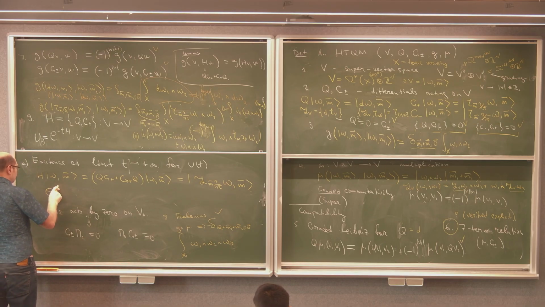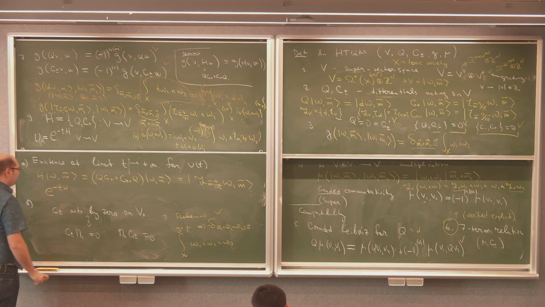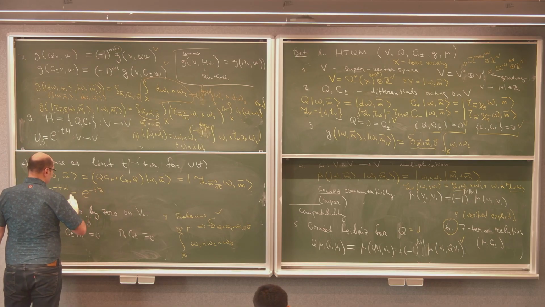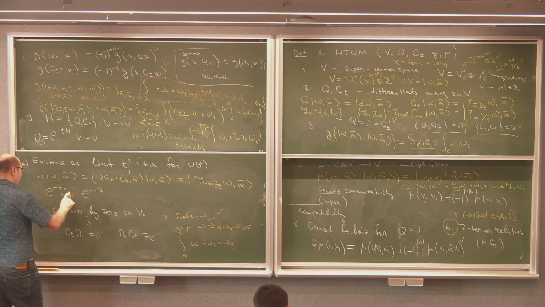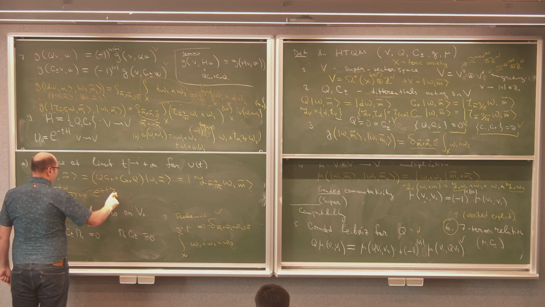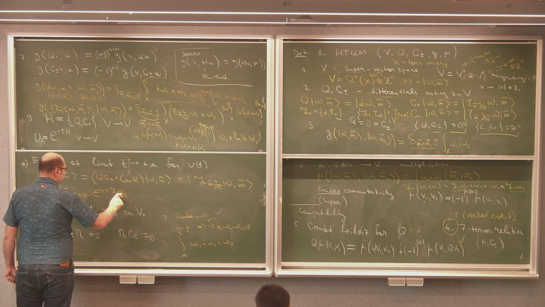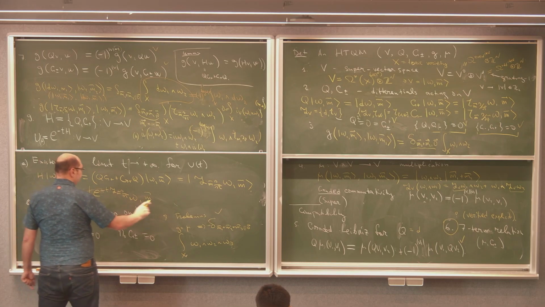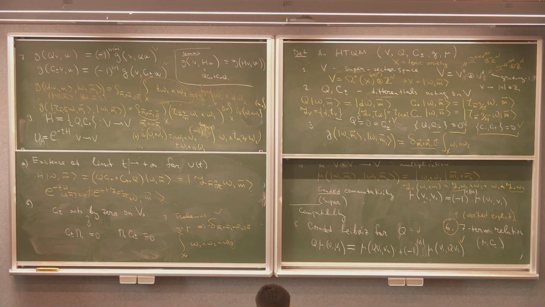Now e to the minus tH acting on this state is e to the minus t L d over dr acting on omega, and we keep n. And this e to the minus t Lie derivative acting on omega is essentially evolution of omega in this radial direction.